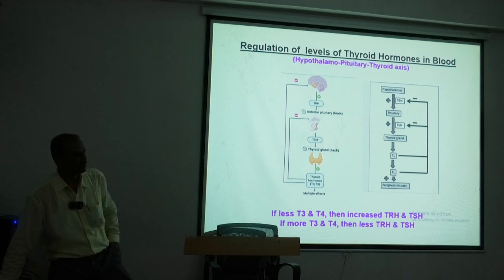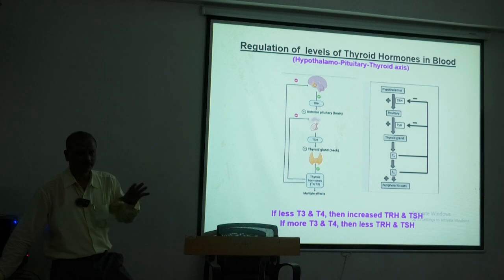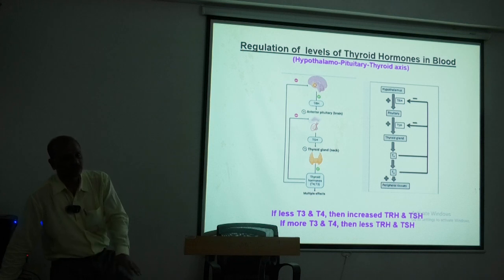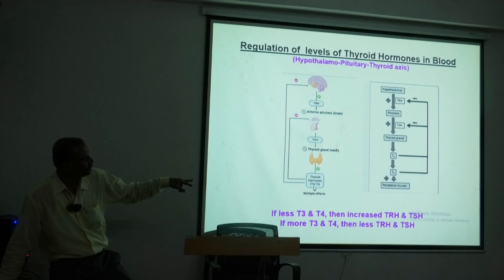Similarly, if the T3, T4 level becomes less by chance, that will stimulate the hypothalamus to produce more TRH, and accordingly the pituitary gland to secrete more TSH and to secrete more T3, T4.